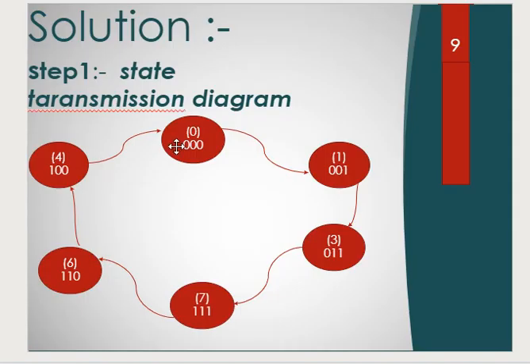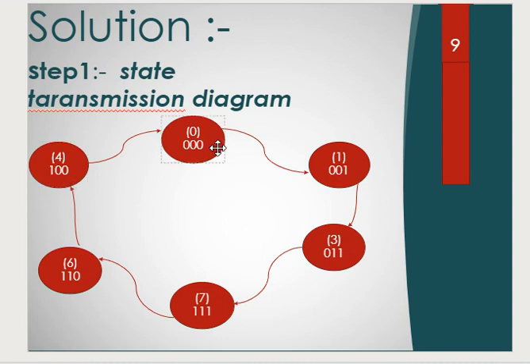The first step is to create a transition diagram. I already created the diagram, and as you can see on the screen, the transition is from 0 to 1, 1 to 3, 3 to 7, 7 to 6, then 4, and then 0 again.